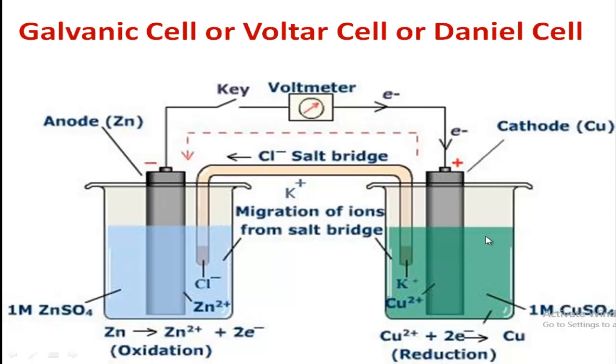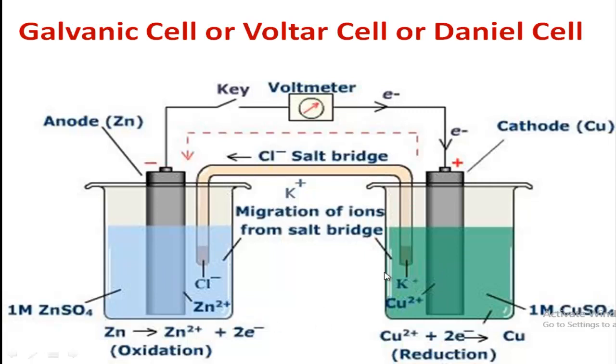Now these two metal plates are connected by a voltmeter using copper wire, and this is the outer circuit through which electrons will flow, and when electricity is generated, we can find the amount of generated electricity in this voltmeter.